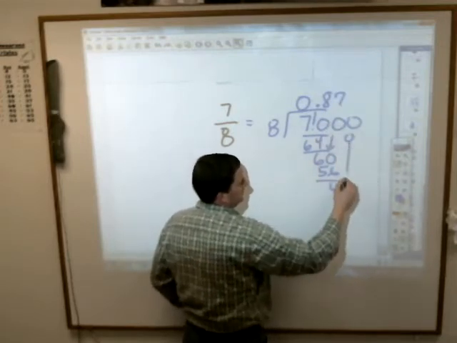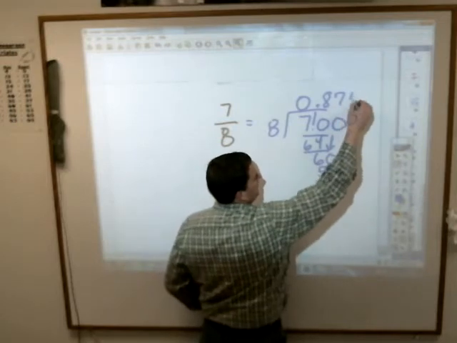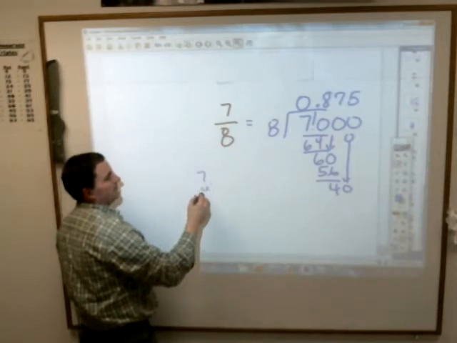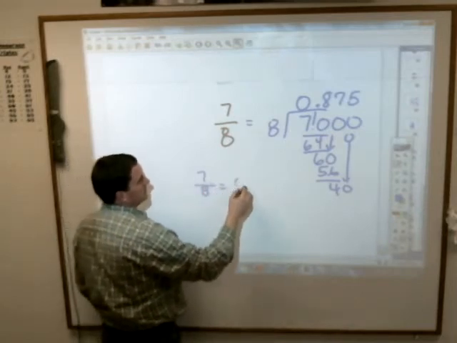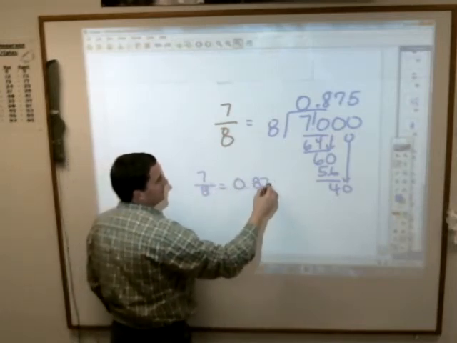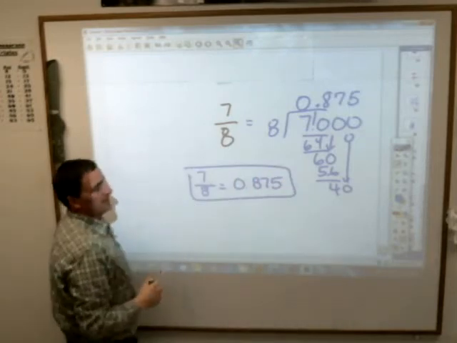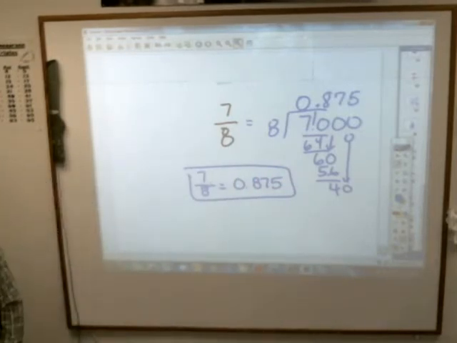And you keep going until this works out. 8 goes into 40 5 times. So the decimal equivalent of 7/8 is 0.875. That's the longest way, but if you don't know and have no other way of doing it, it's the way you do it.